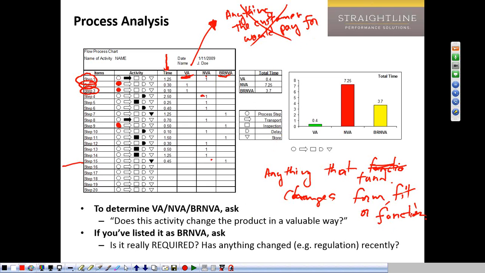So that might be either business required non-value added, or it might be non-value added, wherever you want to put that. But non-value added really would be just pure waste.